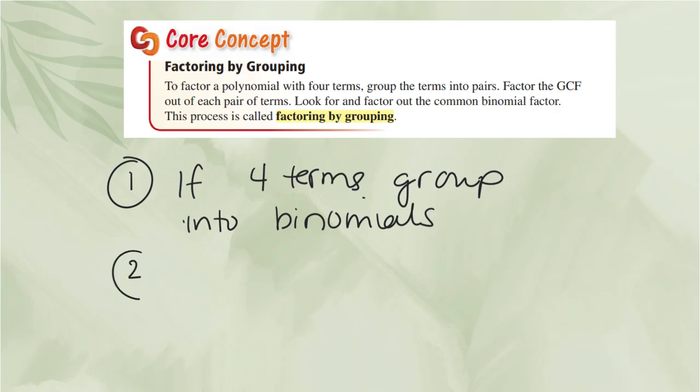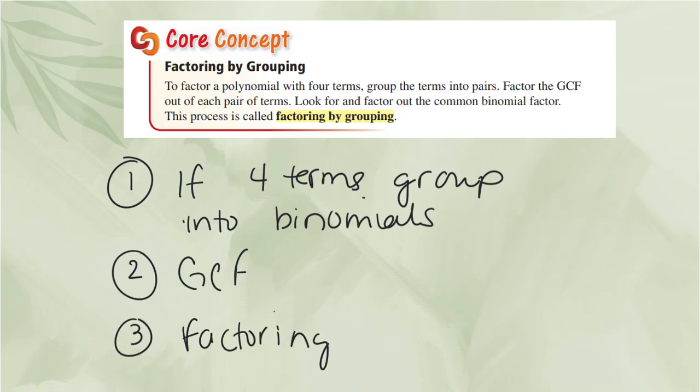Look for GCFs of each of those pairs that you've created, and then continue factoring completely in case you miss something, okay? So this is factoring by grouping. Let's take a look at the next slide to see how it's done.